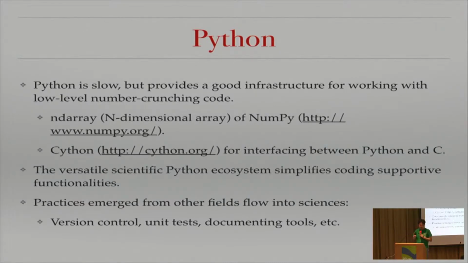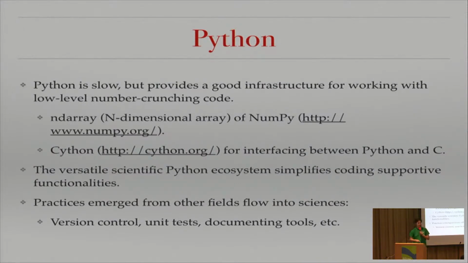Two important things. One is the NumPy array. NumPy is a numerical Python package that allows you to do a lot of numerical operations as well as linear algebra. It is a very efficient implementation for arrays, and arrays are the center of all HPC code.